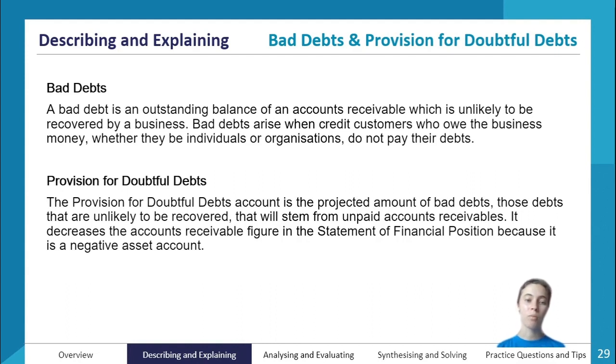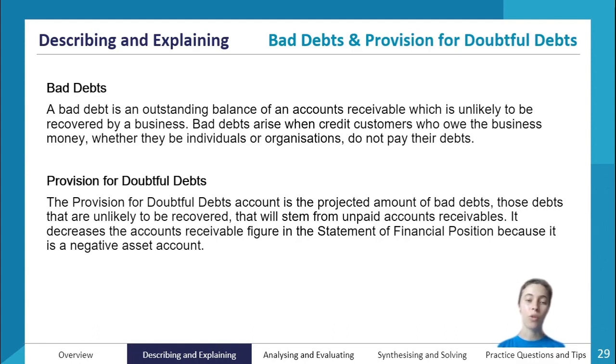You are putting in a provision, making that allowance for what is likely to happen. And the provision for doubtful debts decreases the accounts receivable figure in the statement of financial position because it is what we call a negative asset account. And we'll have a look at what those are later on in this session as well.